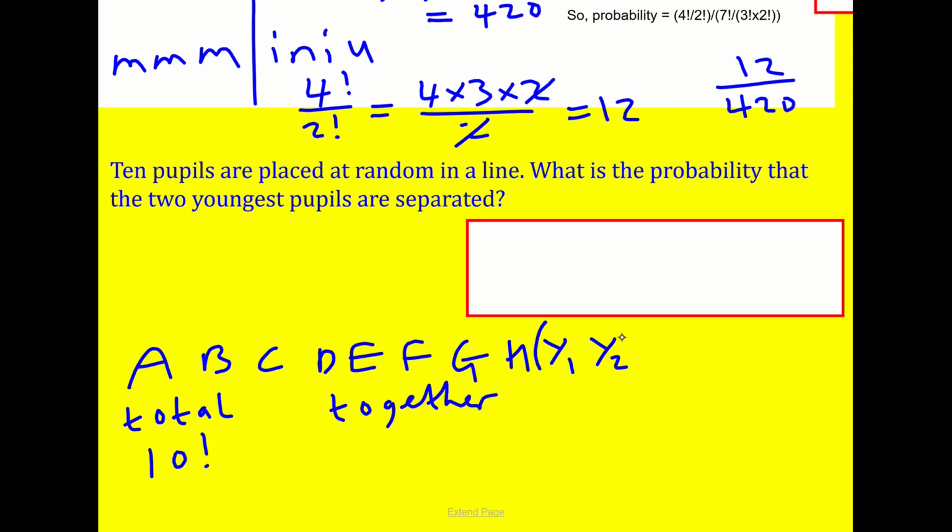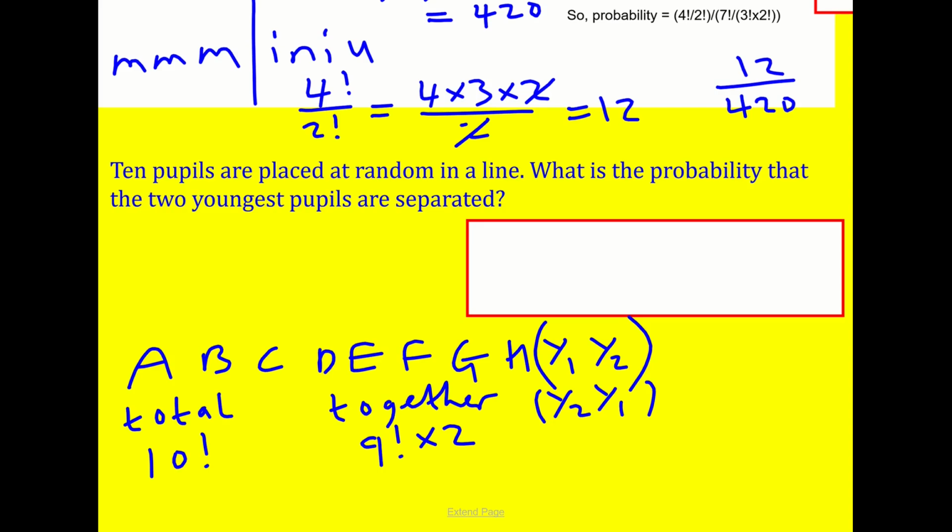So if they're next to each other, they're like this. They're trapped together. And actually, now I've got 9 factorial ways of arranging this because I'm just moving these two around together. Except I've got these two as it is, but I could have instead Y2 times Y1. So in fact, there are 9 factorial times 2 ways of keeping them together.